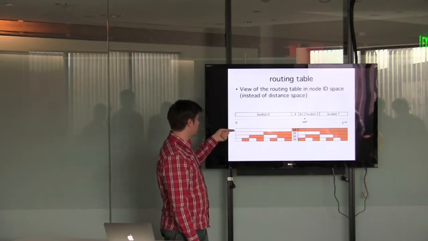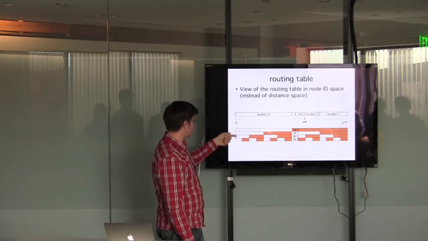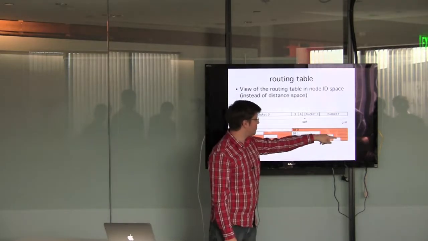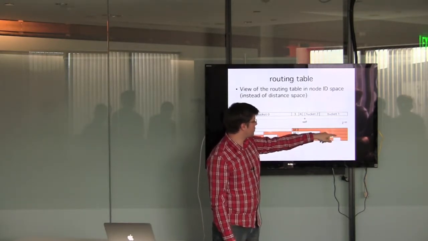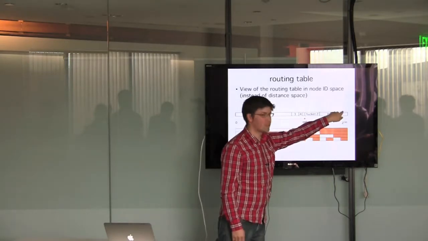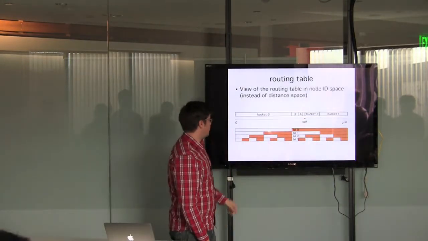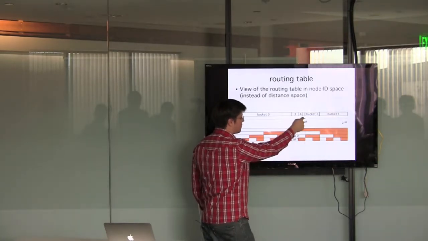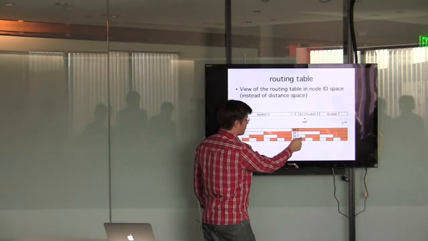So if all bits are 0, you end up over here somewhere. If the first four bits are 1s, you end up over here somewhere. So if we are here, it means that our node ID prefix is 1001.